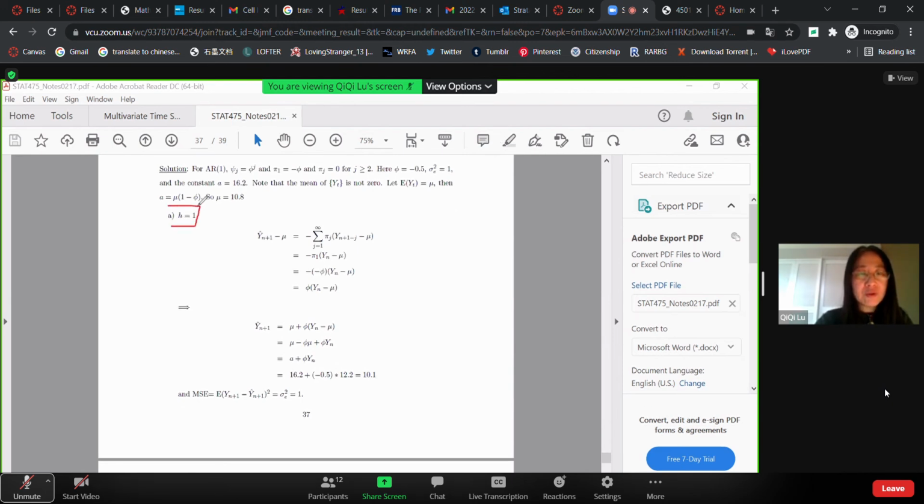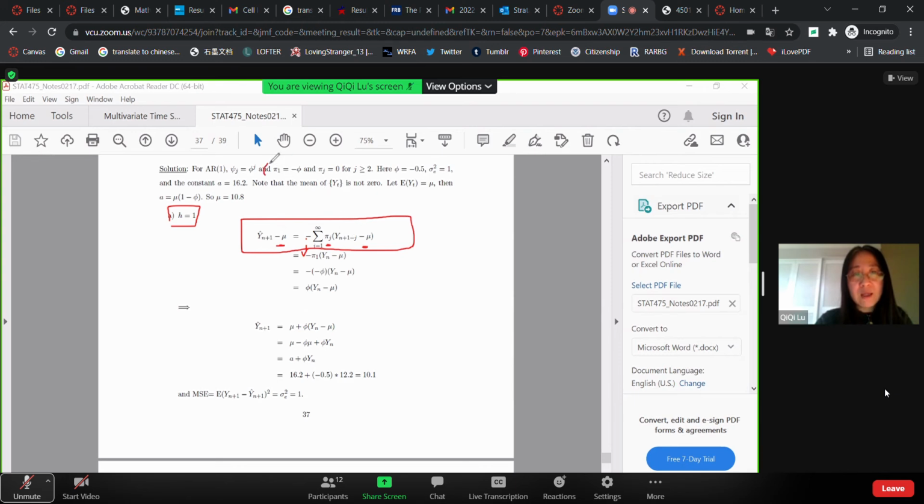How about h equals 1? So here you have to subtract the mean first, right? In the 1 step ahead predictor, you have to subtract the mean from each y value. Okay, so yn plus 1 hat, j from 1 to infinity, negative pi j.